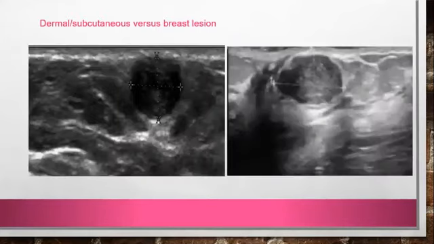Okay, this is the most anterior, the subcutaneous fat or the pre-mammary zone. And usually the lesions seen in these areas are dermal or subcutaneous lesions. However, sometimes breast lesions can be visualized here.